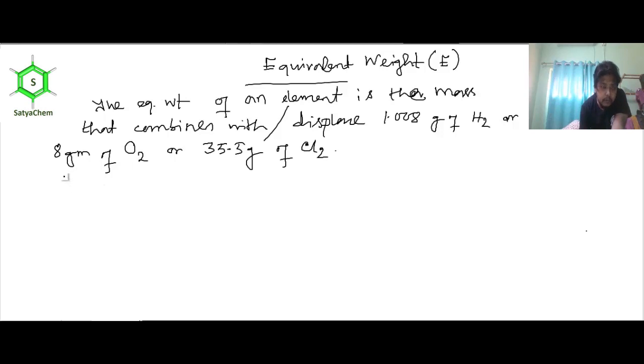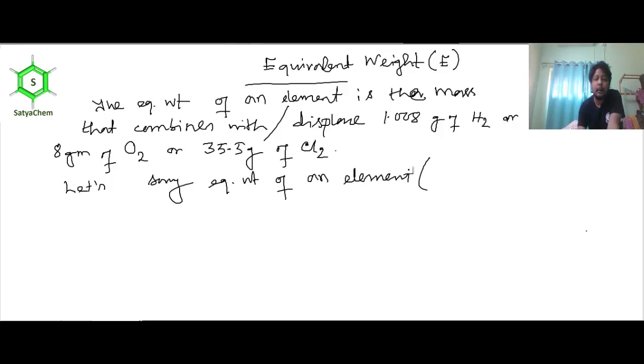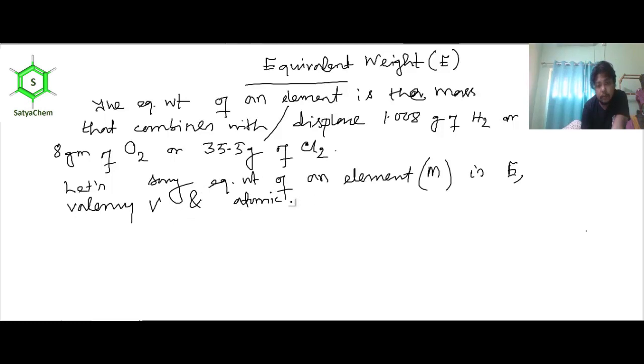Let's say the equivalent weight of an element, where the symbol of the element is M, is E, valency is V, and atomic weight is A. As the valency of the element M is V, V number of hydrogen atoms can combine with M. Then the formula of the compound will be MHV.